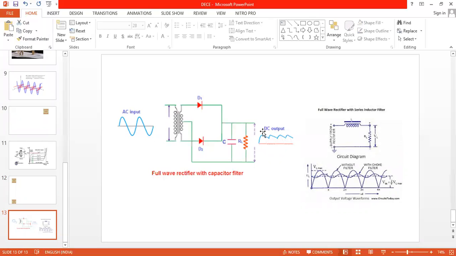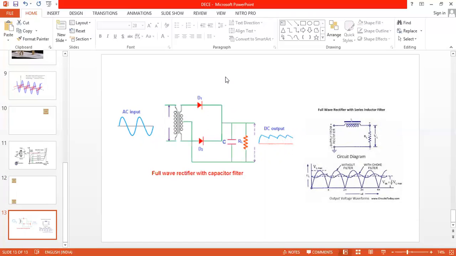Now what will this capacitor do? Input is AC, we require pure DC. But after the rectifier circuit, we will never get pure DC, we will get pulsated DC. Capacitor will pass freely the AC current and stops the DC current.